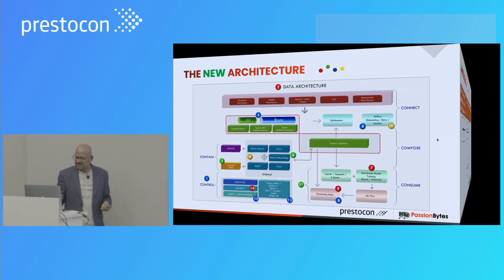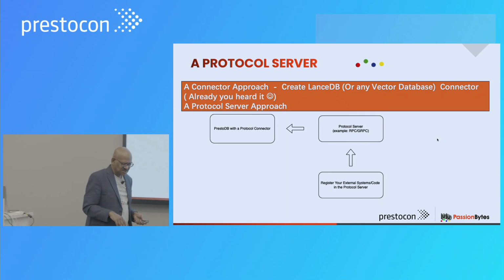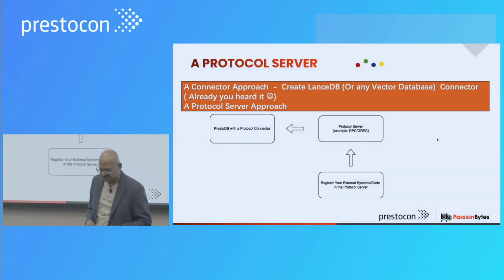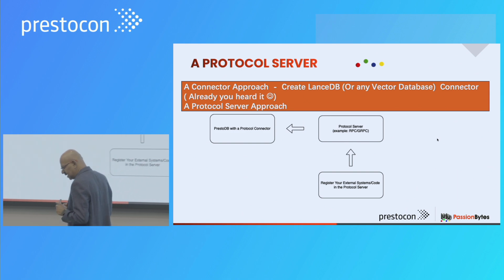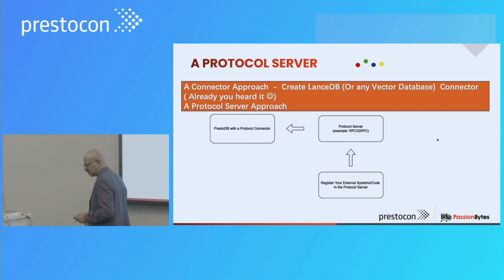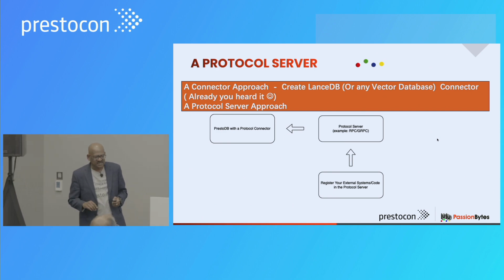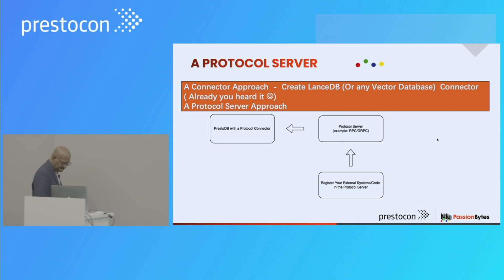And the way that we have done that is, again, Tim mentioned it in the future implementations of C++ as well as in the normal Java-based Presto. Create an Arrow Flight server.